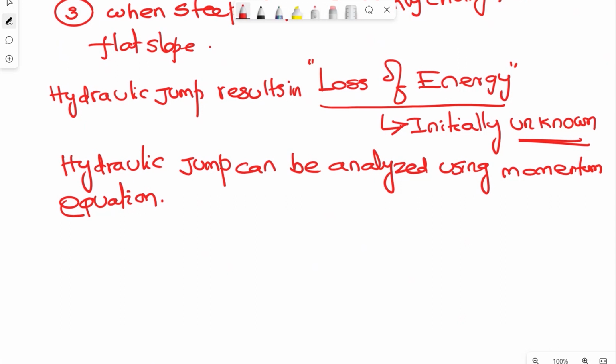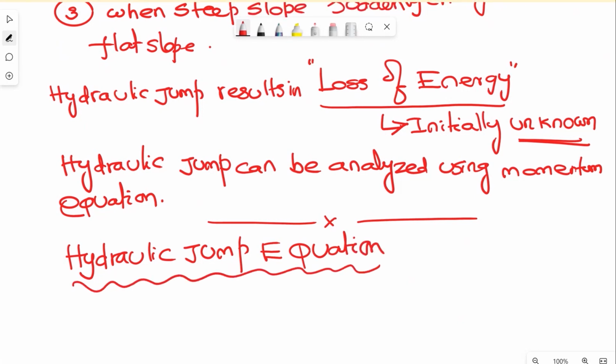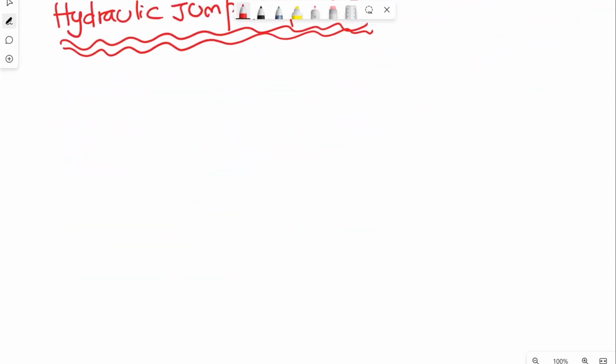So this is the first thing. Next, what is the hydraulic jump equation? This is what I will take up.